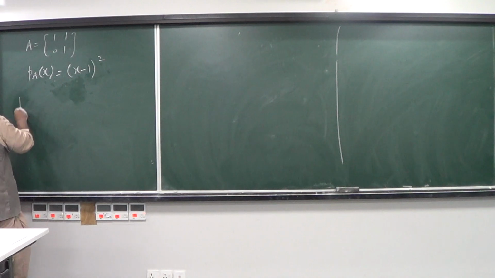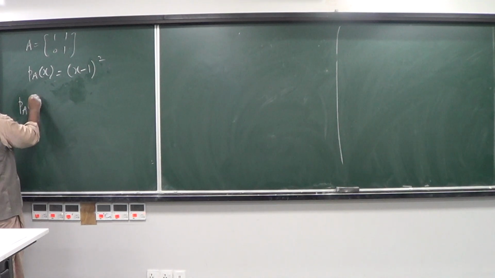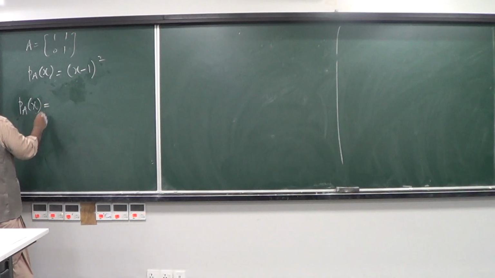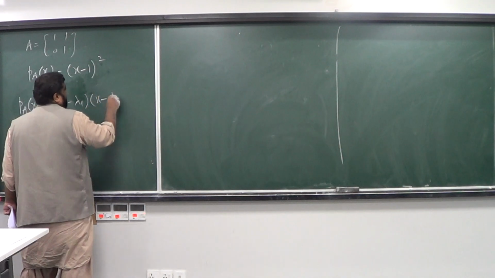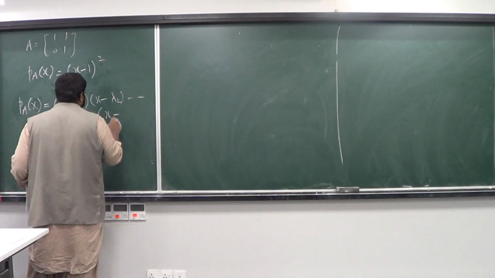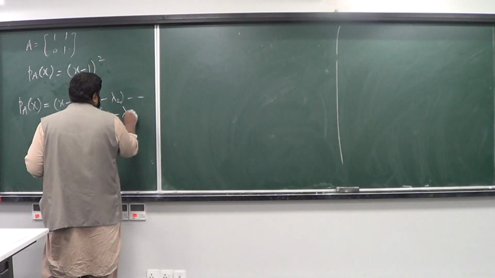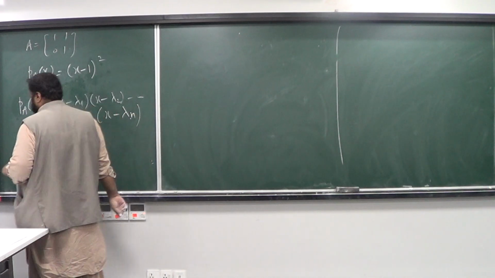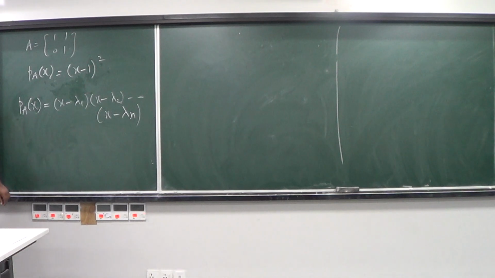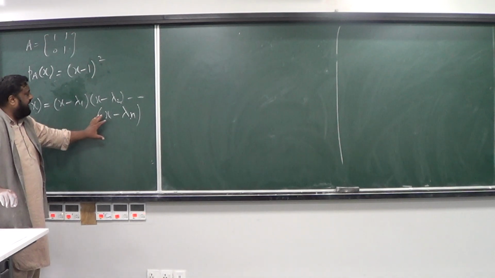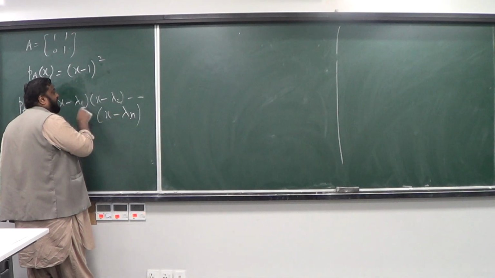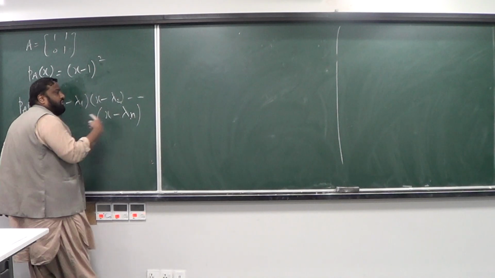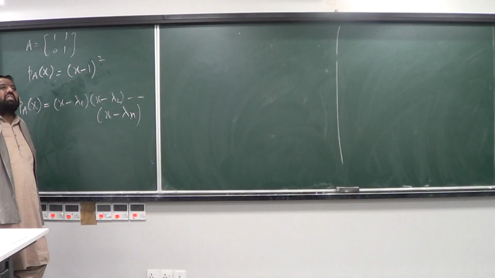Imagine you have a polynomial for a given matrix which goes like x minus lambda 1, x minus lambda 2, and so on, up to x minus lambda n. In this polynomial, it is not necessary that all of these numbers lambda 1, lambda 2, lambda n are different. They can all be the same.